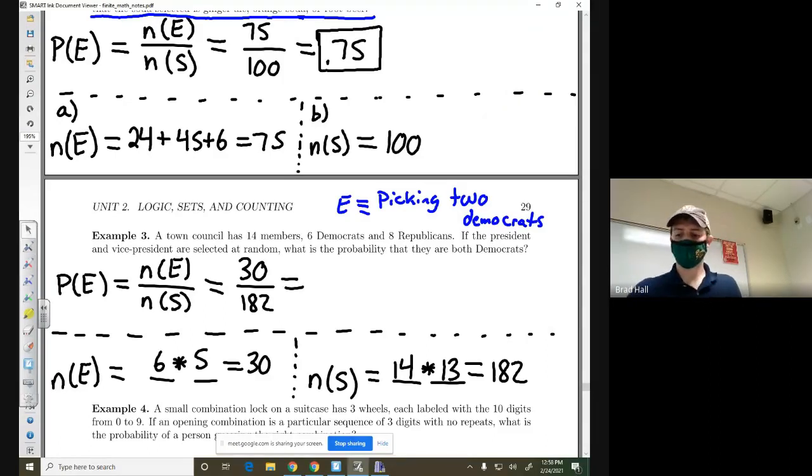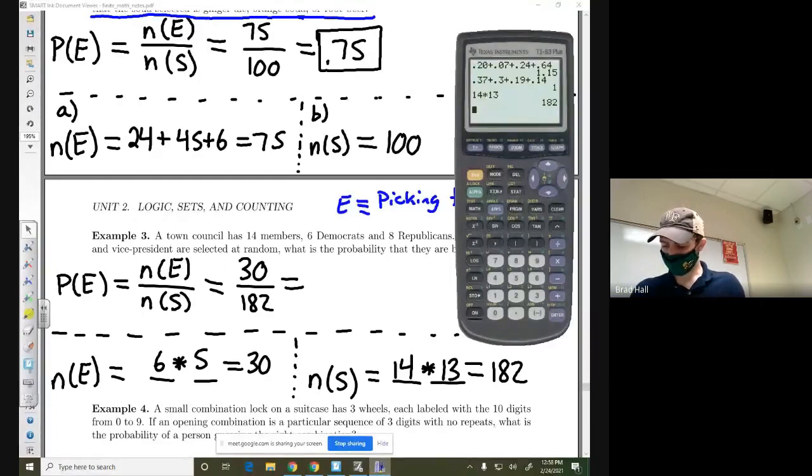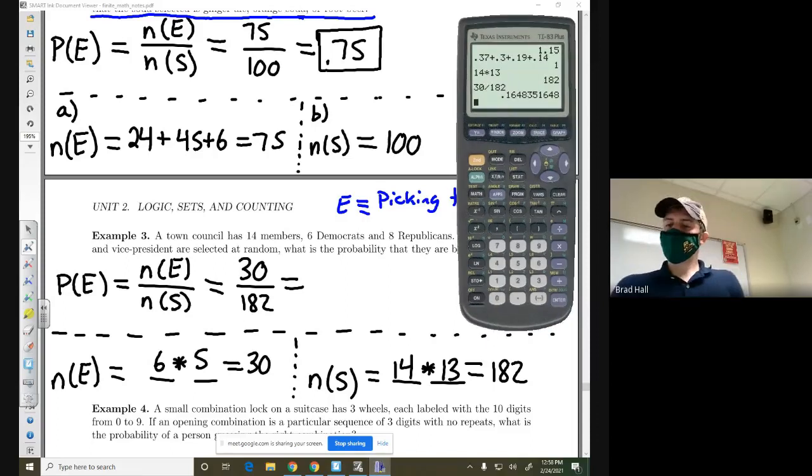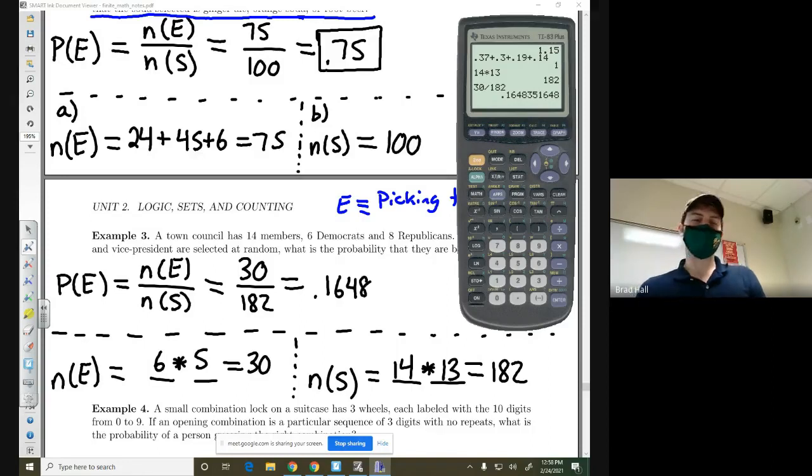And so now we have a quotient, 30 divided by 182. My math lab could ask for 2 decimal places, 3 or 4. I'm going to put 0.1648. I'll round it to 4 decimal places.